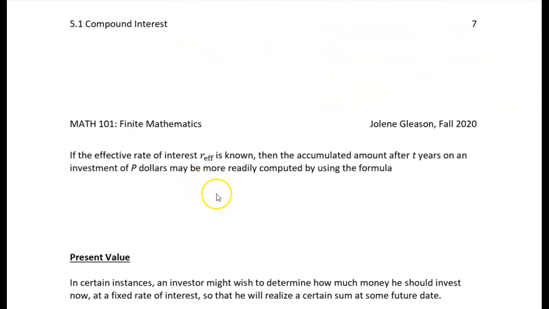If we know the effective interest rate, we can find the amount accumulated after t years by taking the principal times 1 plus the effective interest rate, to the t power. So it makes a calculation a little simpler if we know the effective interest rate to figure out how much we're going to have at the end of a certain term.